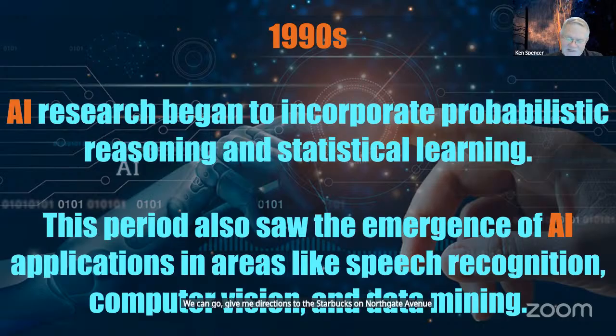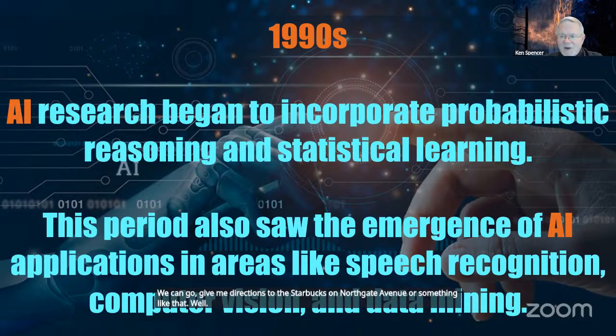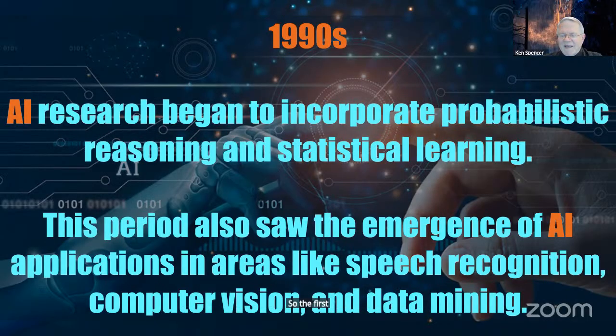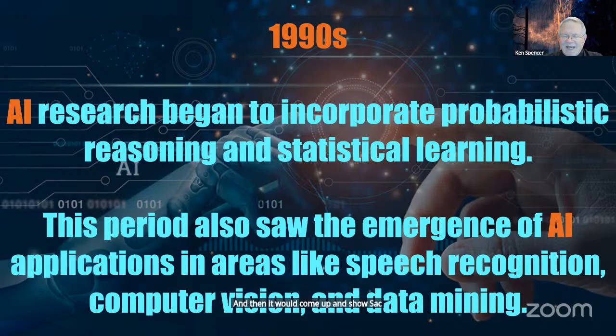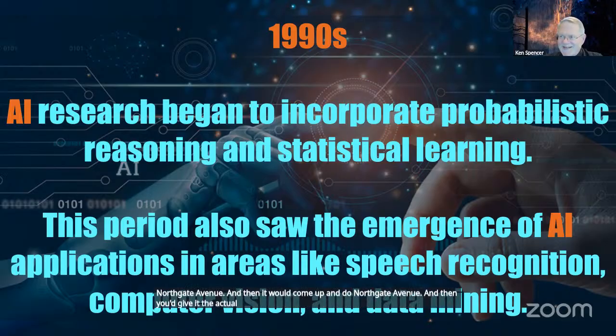Back then, you had to fit its protocol. It knew it was California in the US, so you would say Sacramento, and it would show Sacramento. You would say Northgate Avenue, and it would show Northgate Avenue. Then you'd give it the actual street address. That's how voice recognition worked.